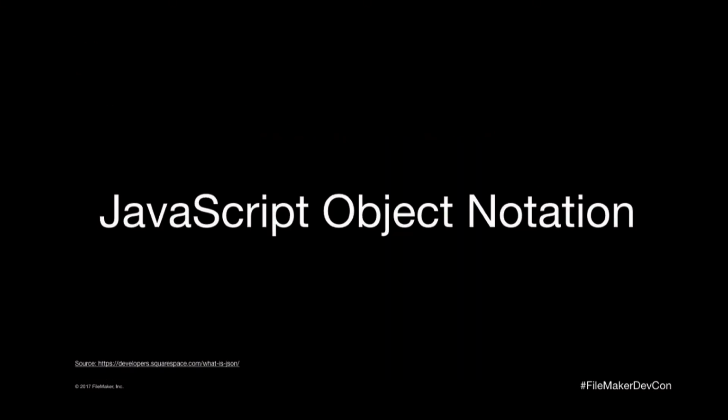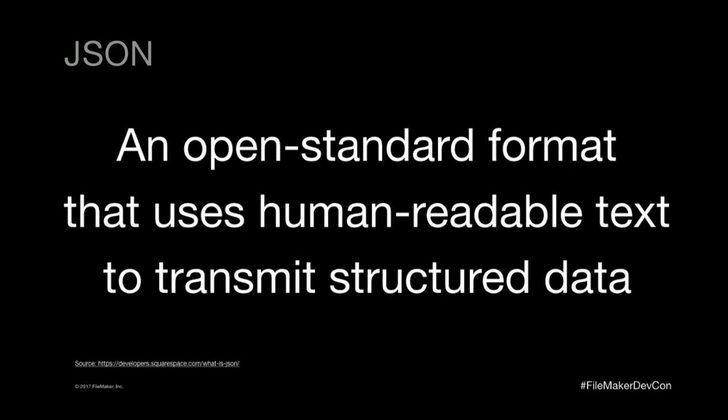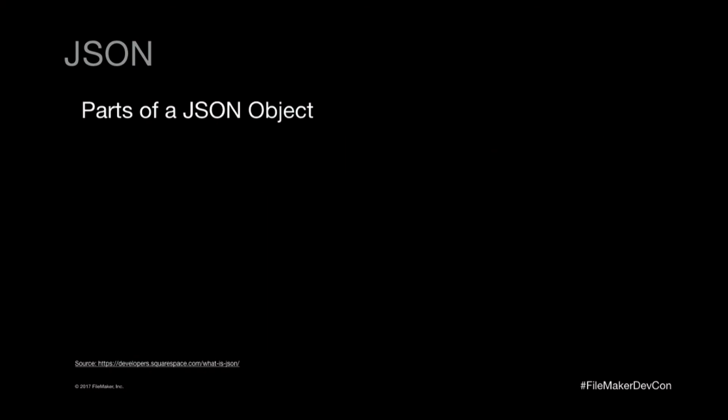Now, JavaScript Object Notation, its acronym is JSON. And the keywords here are standard, open standard, and human readable. The data is structured like an XML file.